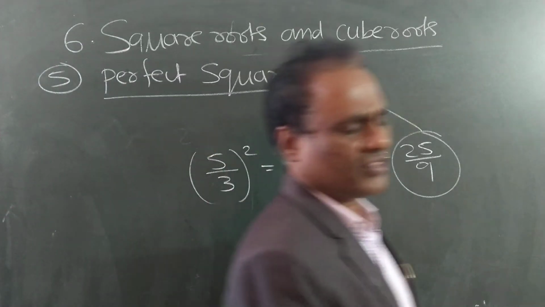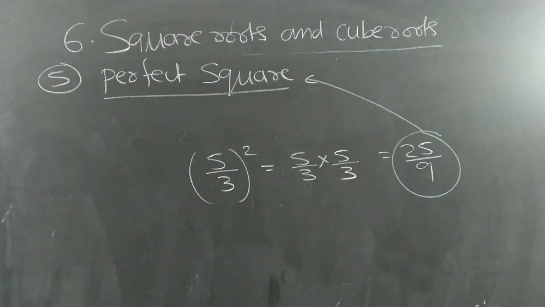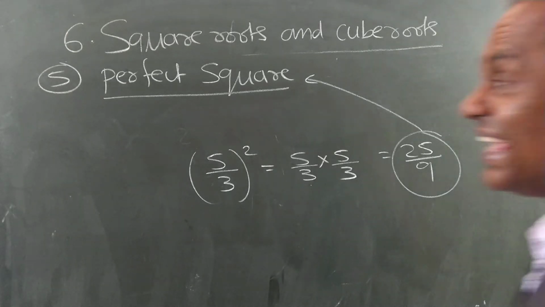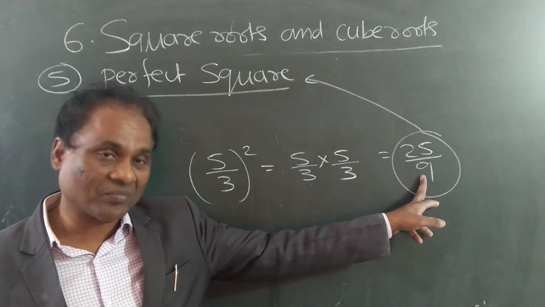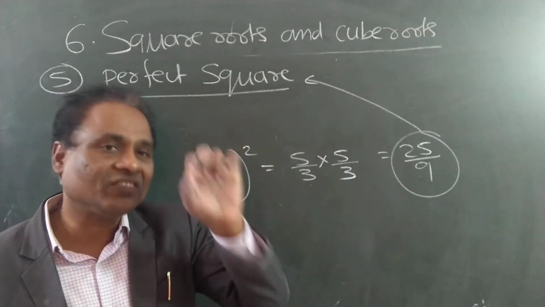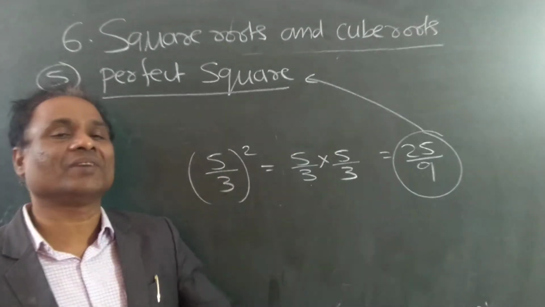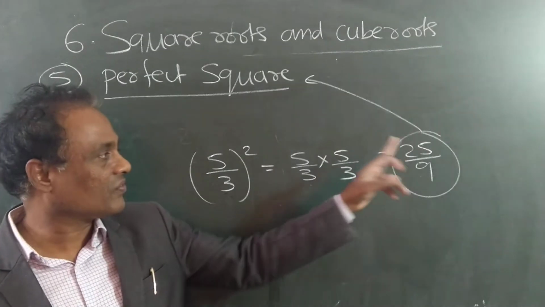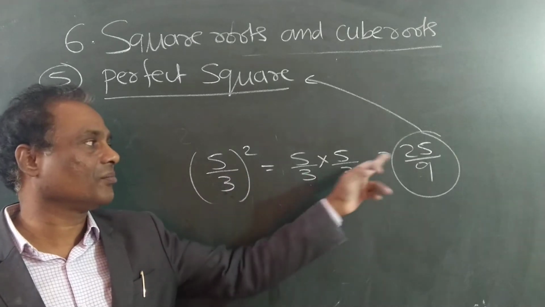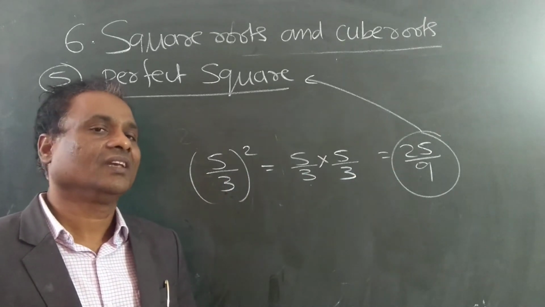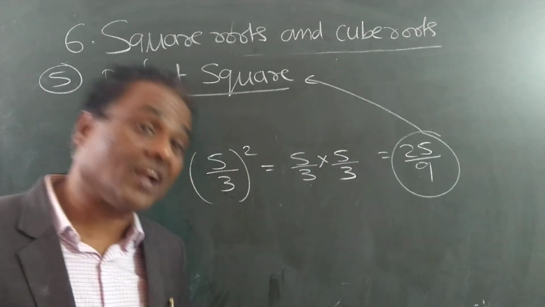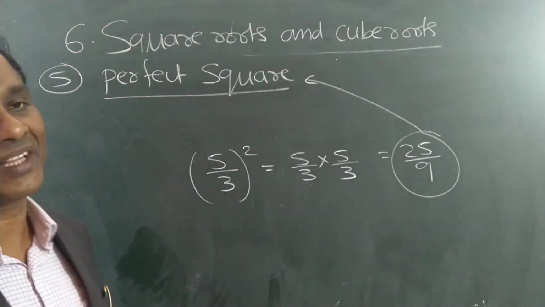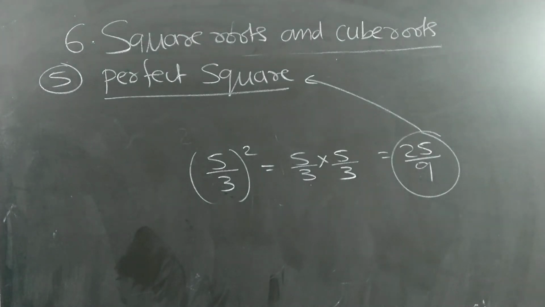Write down a small definition: a rational number which is a square of another rational number is called a perfect square.